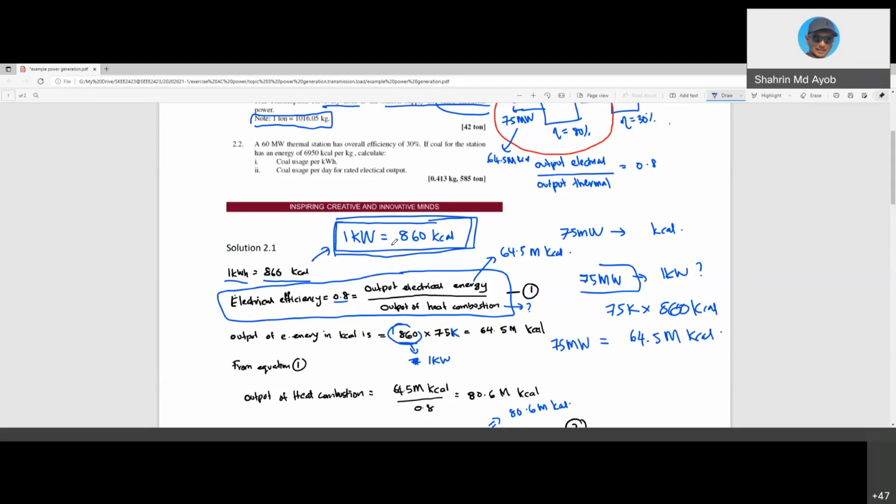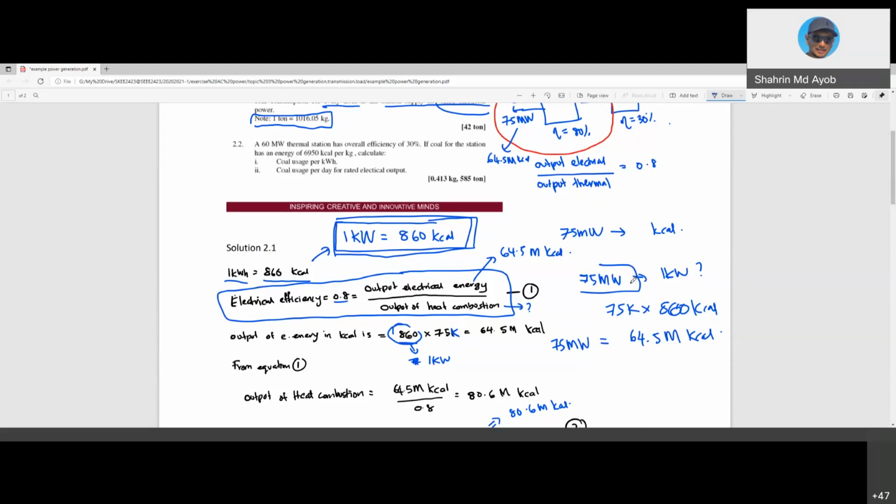So right now, your power generator generates 75 megawatt, and I want to know how many calories. To get the calories, we need to go back to this relationship, 1 kilowatt. I want to see how many kilowatt inside 75 megawatt.